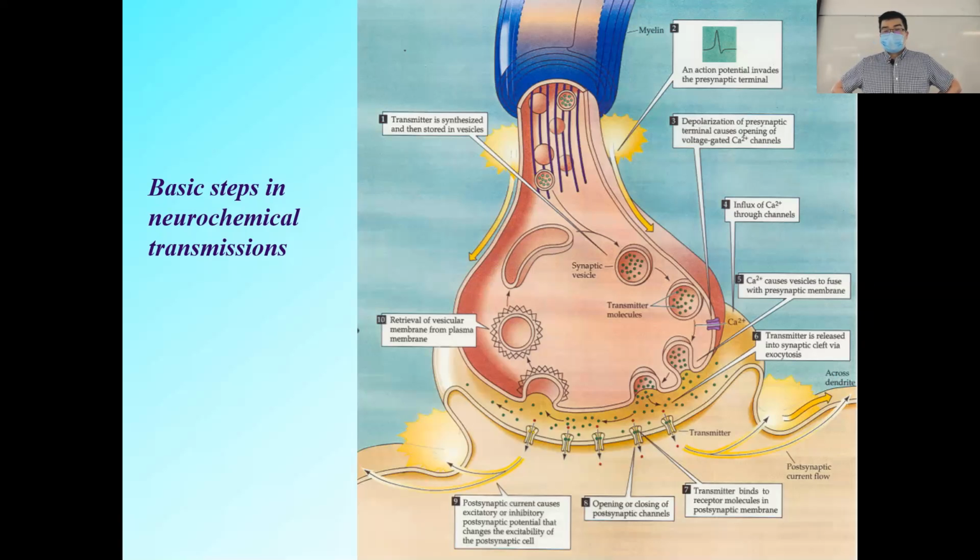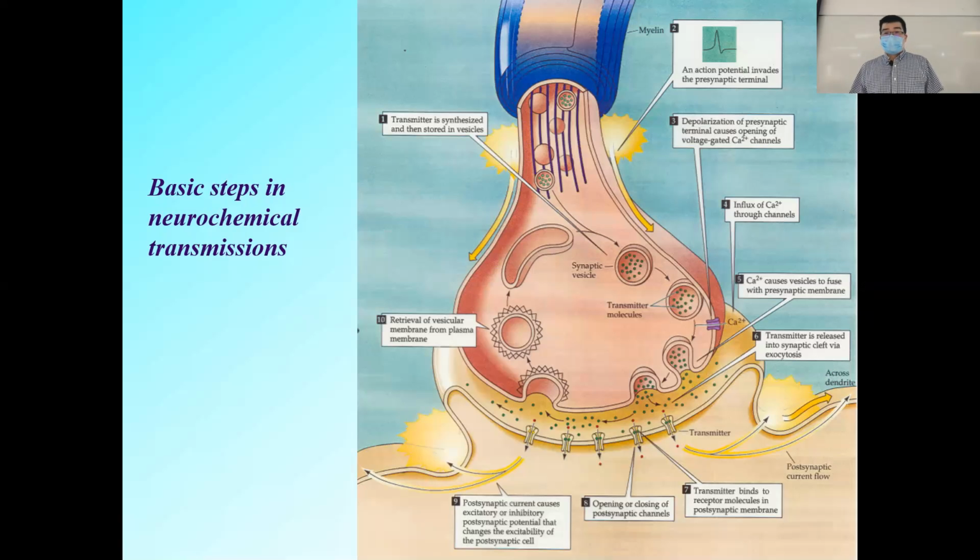Now today we are going to go through how, starting from the action potential arriving at the synapse, the vesicle actually released, and then what's the whole process of being released, then activated in the postsynaptic terminal, and then being inactivated.